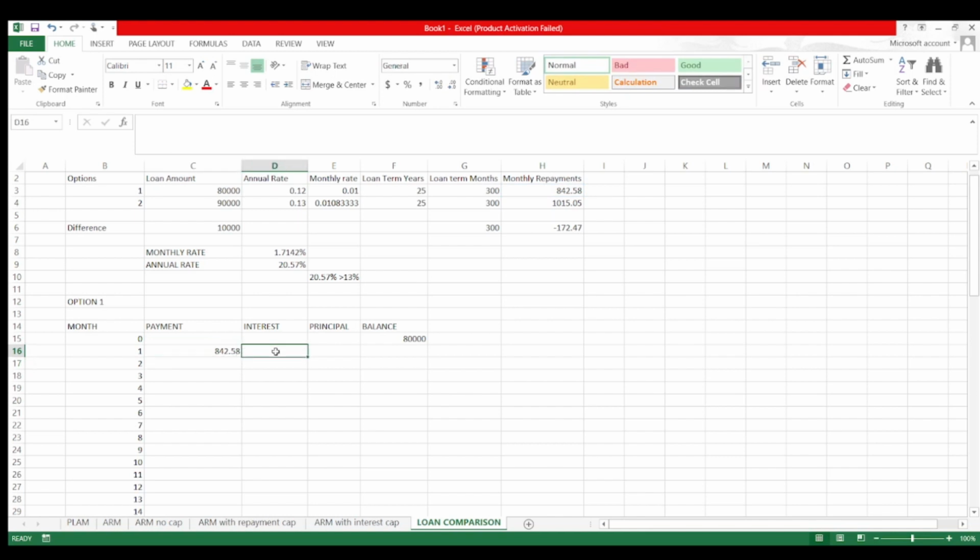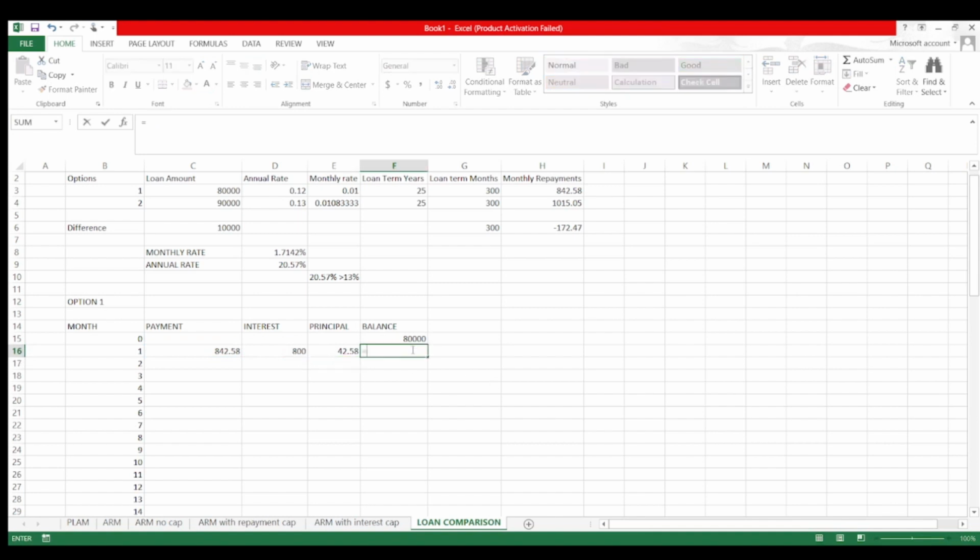For the interest, we take the monthly rate multiplied by the previous balance. So we lock in the interest rate so that we can easily drag this down and have the population of the other payments for the other months.